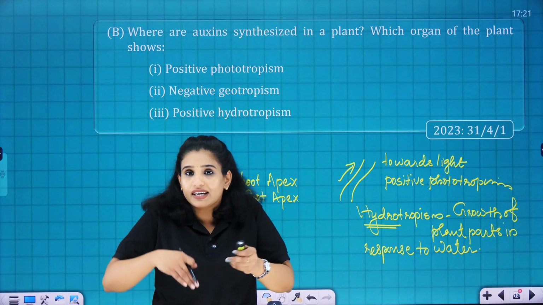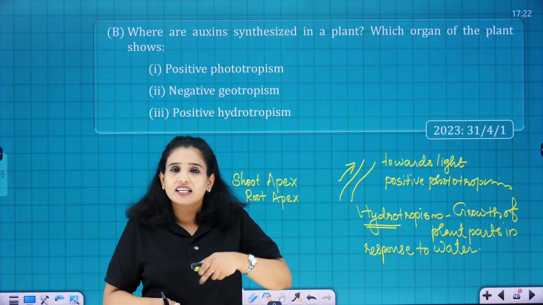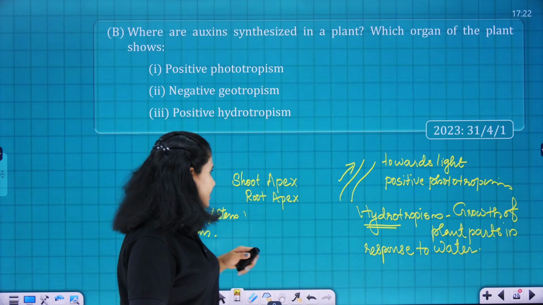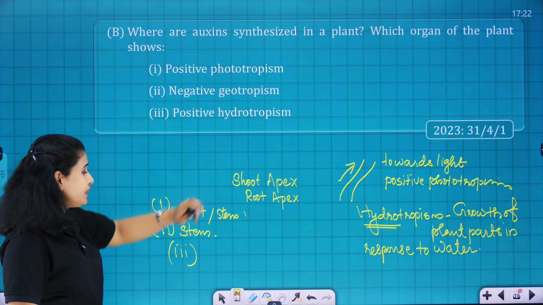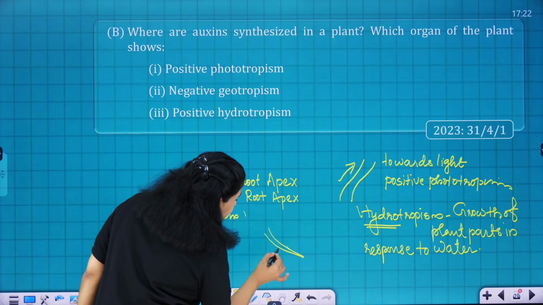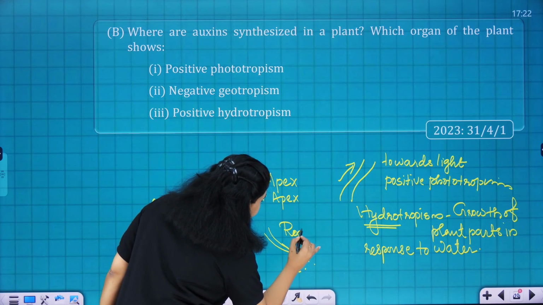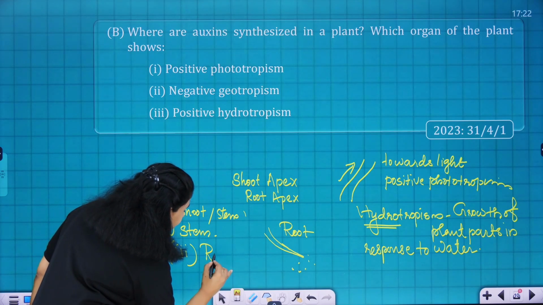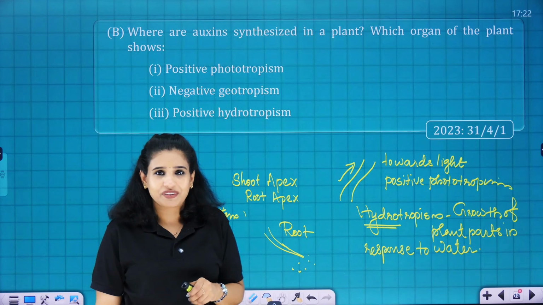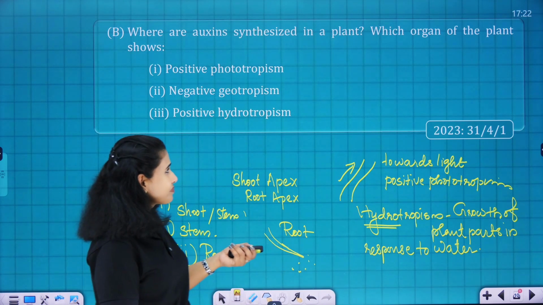Positive hydrotropism, when it moves towards water. When it grows away from water, that is negative hydrotropism. Here, what is it asking? Positive hydrotropism. Which plant part moves towards the water availability? That is root, right? So what we will write here? Root, which shows positive hydrotropism. Let's see the next question.